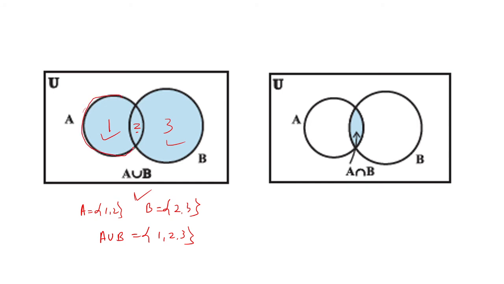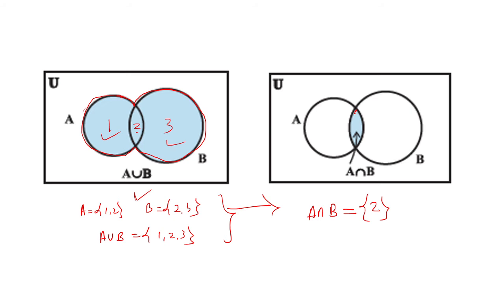So here they have colored it blue. But for A intersection B, if you take these two sets here, A intersection B is equal to only 2. That is only the common portion. So for A intersection B, they have given blue color only to this common portion.